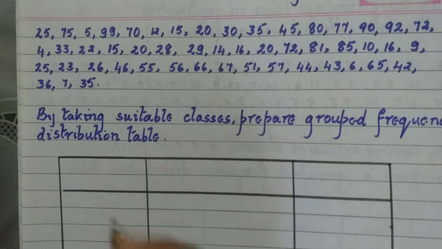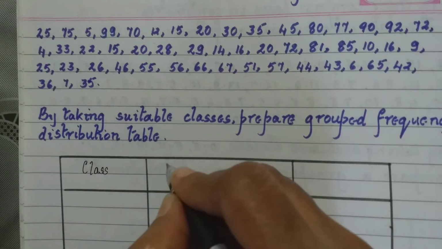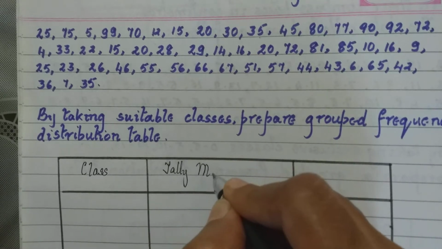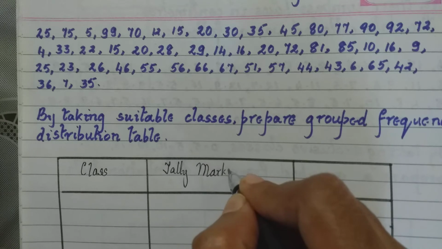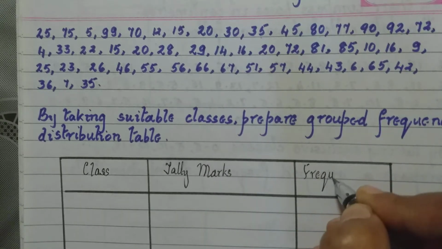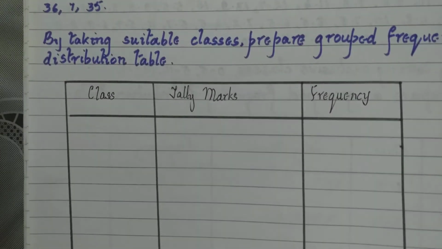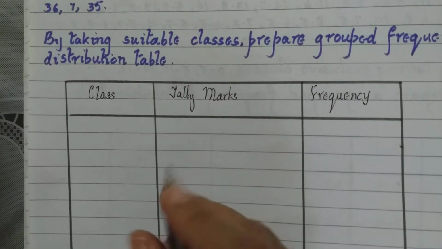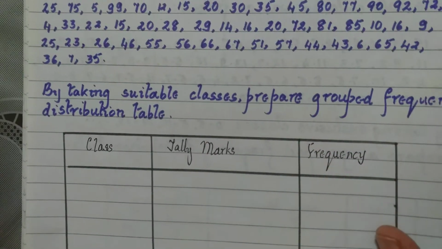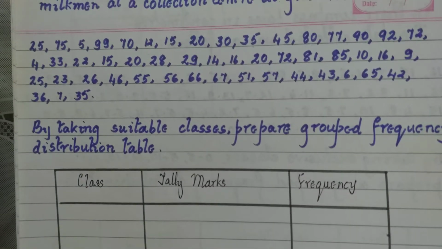Okay, so we take here now class, tally marks and frequency. Now, classes we said we start from 0 to 10, and since the highest number even goes up to 92, so we'll go 0 to 10, 10 to 20, right up to 90 to 100.